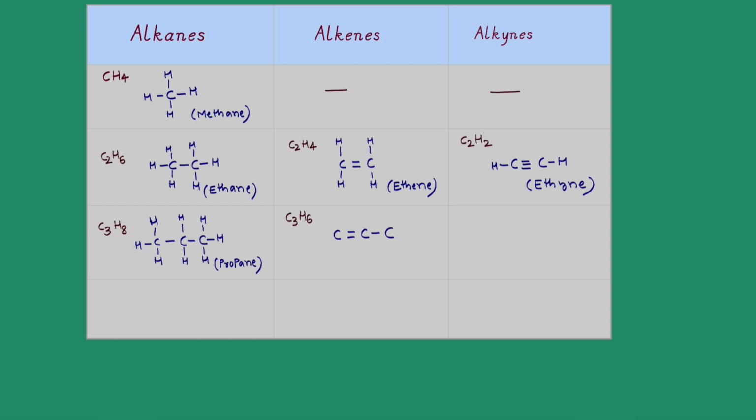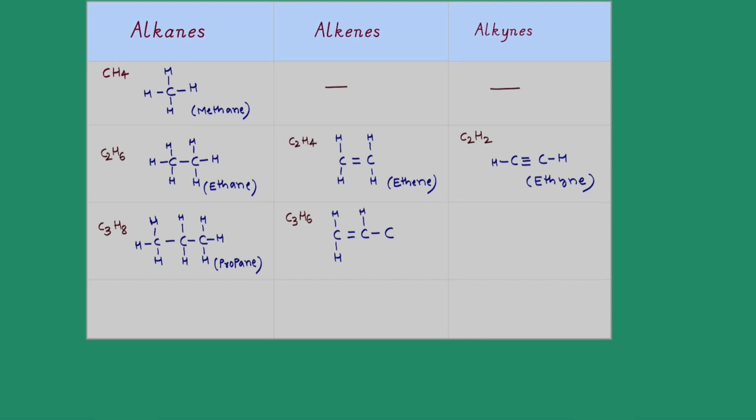Now for the first carbon already two bonds are over, so two more bonds should be drawn, 1, 2. For the second carbon already three bonds are over, so only one hydrogen can be drawn. We cannot draw one more because already four bonds are over.